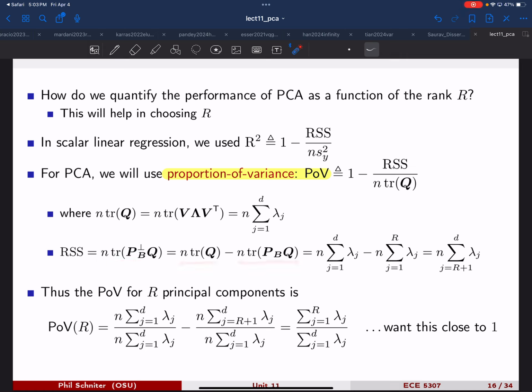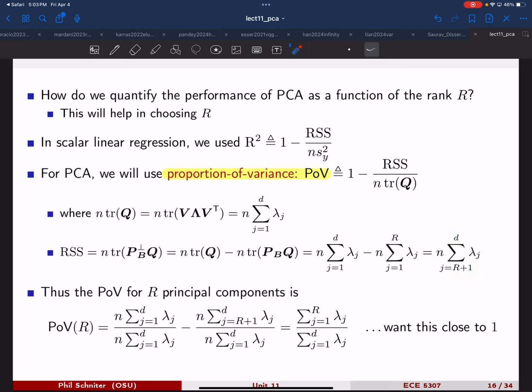The first term is exactly this, and the second term is similar to the first one, except rather than summing over all D eigenvalues, we sum only over the R that we're modeling. And when you subtract the 2, you essentially get the little lambda i's that you did not model. These are all the ones you didn't model.